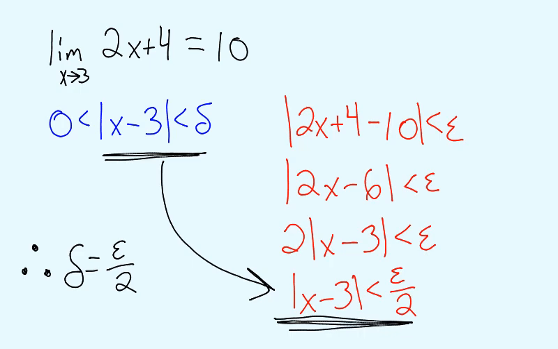By comparison, I can now say that since both of these match, delta has to be equal to epsilon over 2. Now, why did I go through and make sure that I had x minus 3 by itself in absolute value bars? It's so that I could do the comparison between my delta part of the definition and my epsilon part of the definition. This is going to be done a lot in calculus.